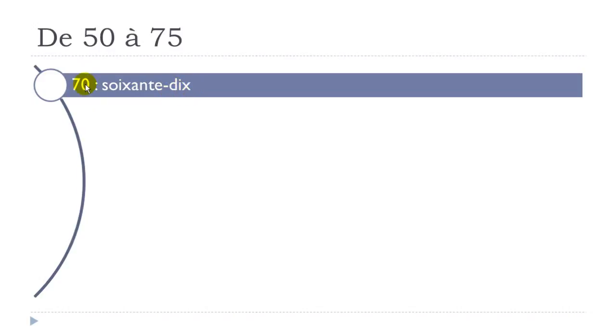So for this 70 session you will have to use 60 and then 10, and all the numbers from 10 to 19, you will have to put them right here after. Okay, so let's see how it goes.